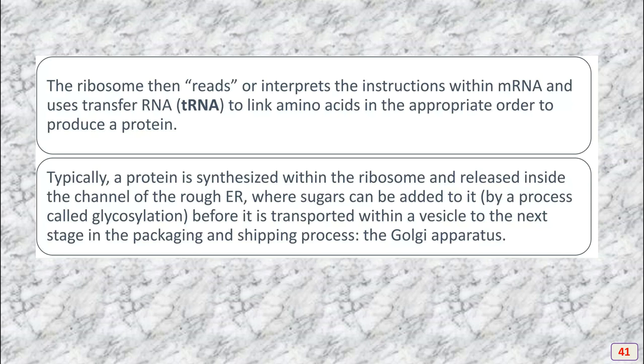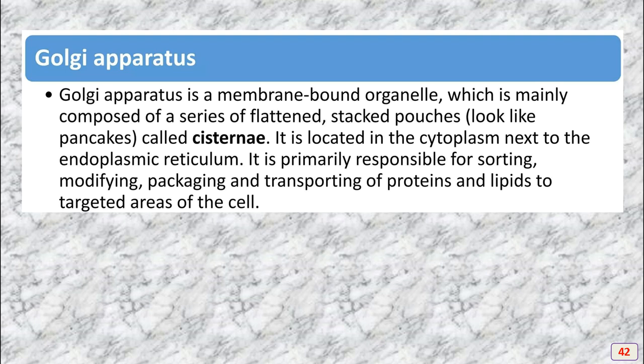Then the ribosomes read and interpret the instructions, just like a computer has several peripherals like the mouse and the speaker, and also other materials like the Golgi apparatus. Whereas the Golgi apparatus is a membrane-bound organelle which is mainly composed of a series of flattened and stacked pouches.